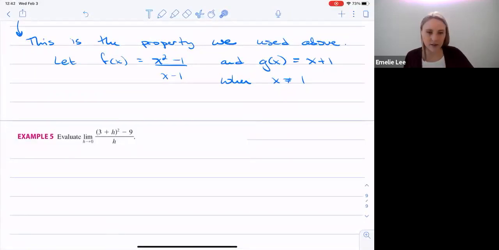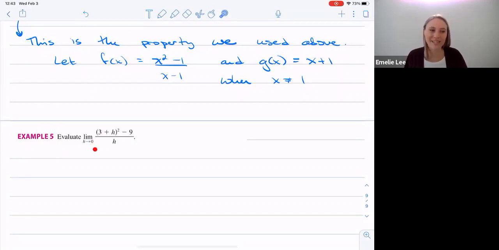So here, in example 5, we have to evaluate the limit as h goes to 0 of (3 plus h) squared minus 9 over h. Well, here I can expand this out and it would be a rational function, because I'd have a polynomial over a polynomial.